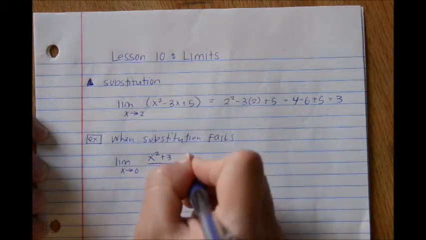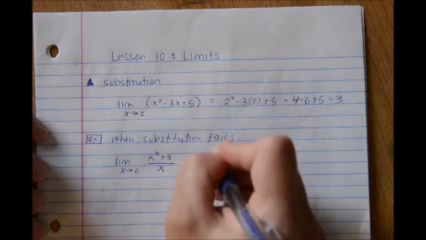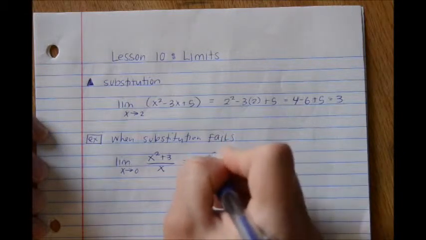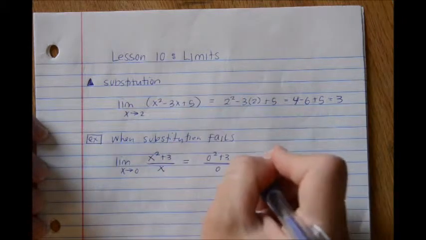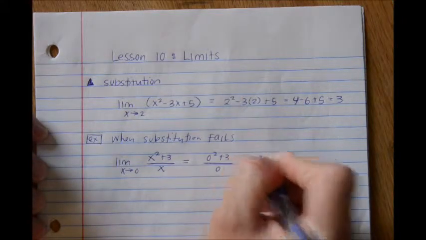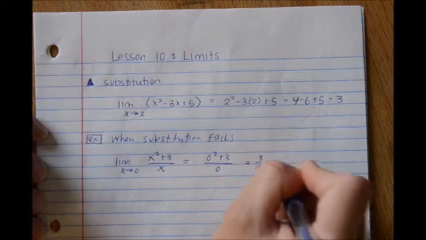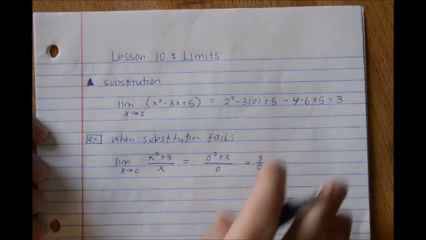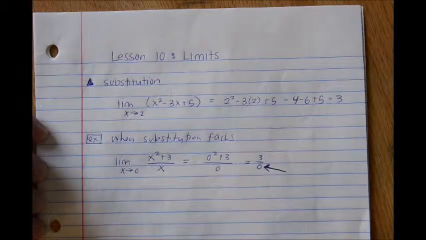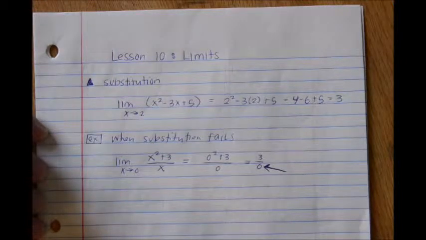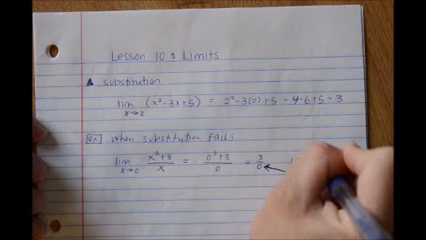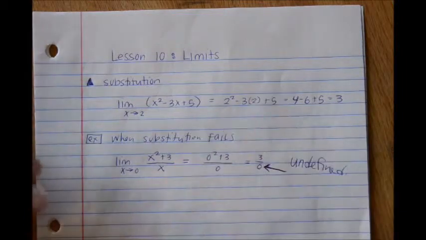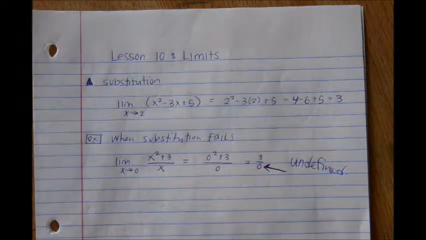Let's try substitution. We would get x squared plus 3 all over 0. Simplify that down, we get 3 over 0. If the denominator equals 0, that's a problem because that's undefined. So substitution didn't work in this case.